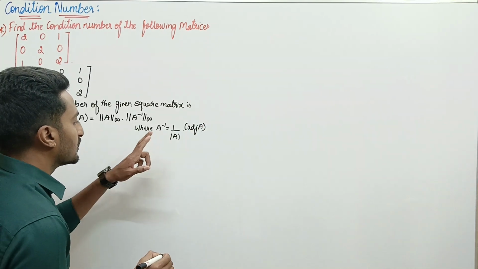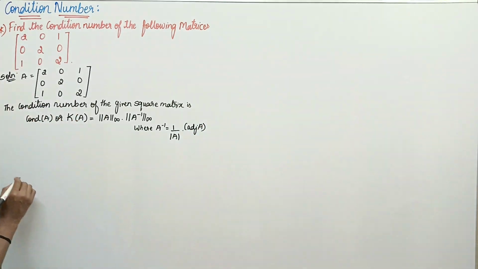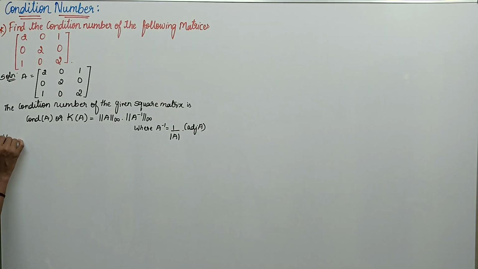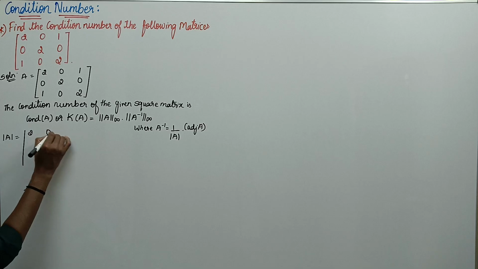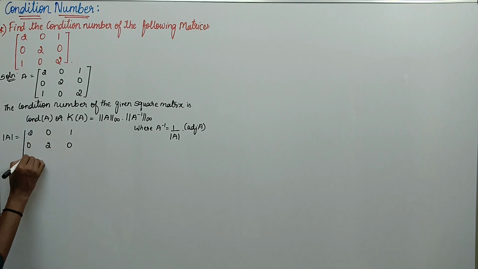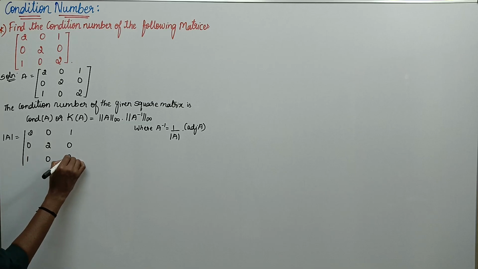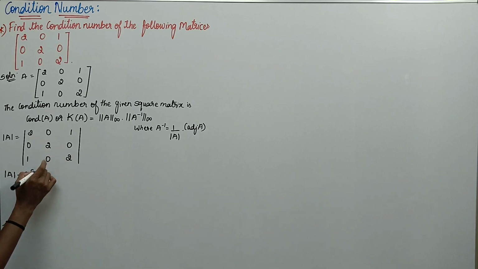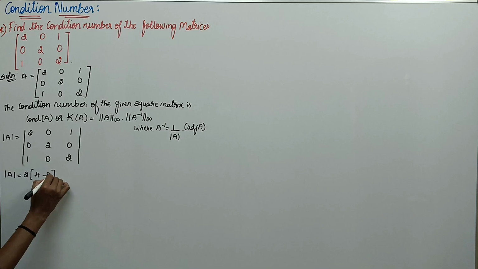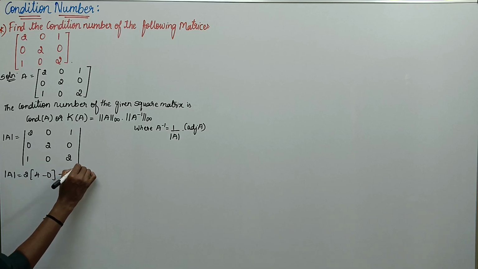First, let us find determinant of A. Determinant of A is given by determinant of 2, 0, 1, 0, 2, 0, 1, 0, 2. Determinant of A is equal to 2 into 2 twos are 4 minus 0. Minus 0 into anything, it will be 0.